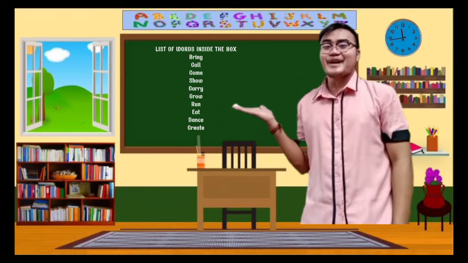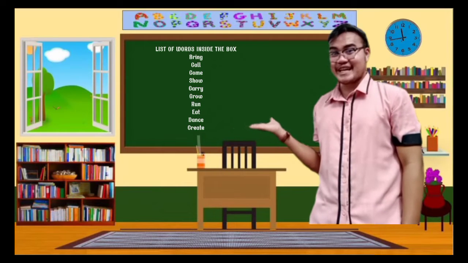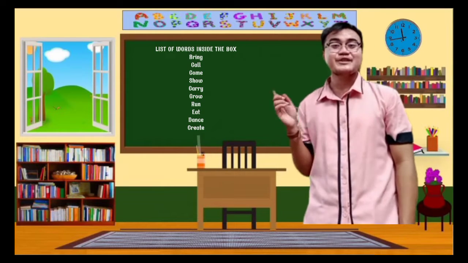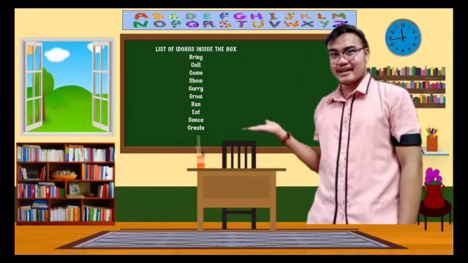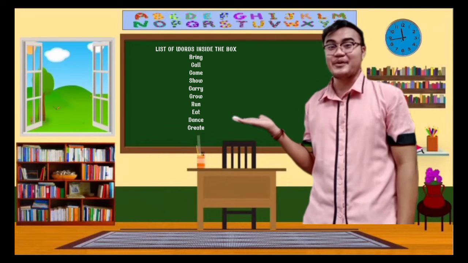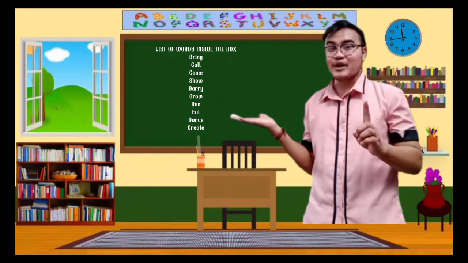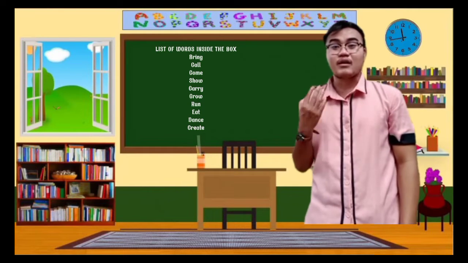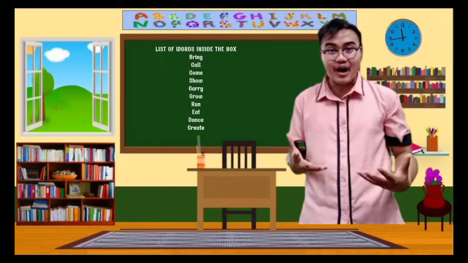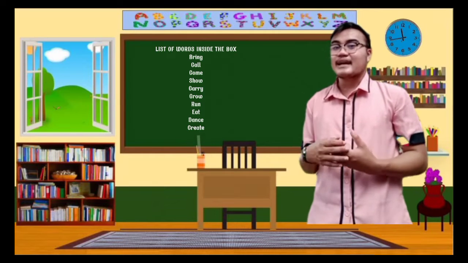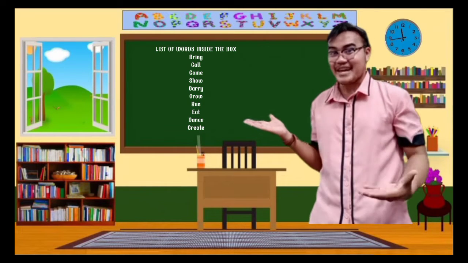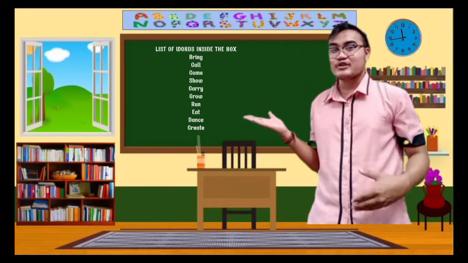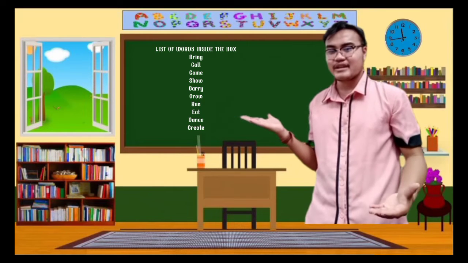As you can see, here is the list of words inside the box. There are 10. The first one is bring. The past tense of bring is brought. So that's an example of an irregular verb. The second one we have is call. The past tense of call is called. Come, came, an irregular verb. Show, showed.